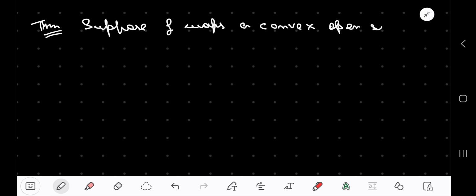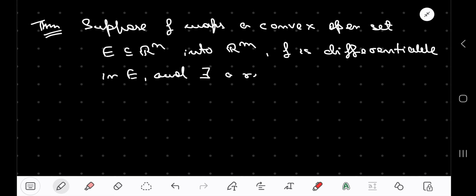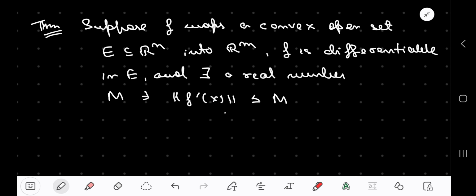So a convex open set E residing in Rn into Rm, f is differentiable in E, and there exists a real number M such that the norm of the derivative is less than or equal to M. So you can think of this as the operator norm, fine.